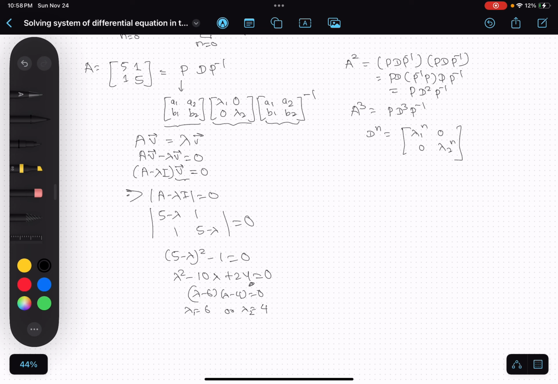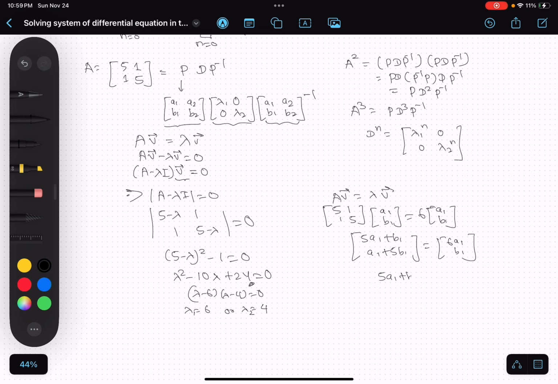Again, to find them we will use the definition itself. We know that A v vector should be lambda v vector. Our A is 5 1 1 5. The v vector we don't know, let's say a1 b1, should equal 6 times a1 b1, right? That means we should have 5a1 plus b1, a1 plus 5b1 equals 6a1, 6b1. So 5a1 plus b1 equals 6a1, which further implies that b1 equals a1.